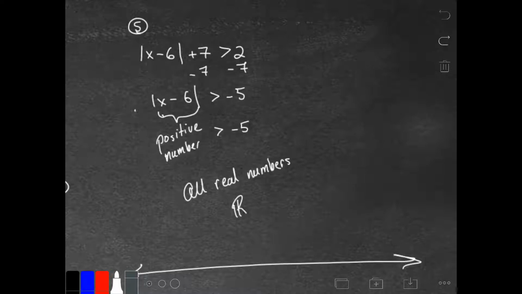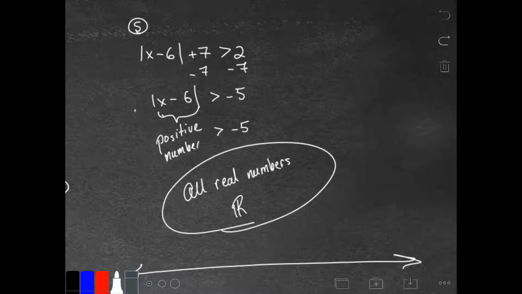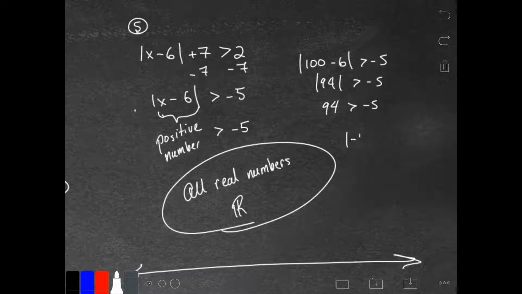Or we can write the symbol. And just to see what I'm talking about here, let's plug in 100. The absolute value of 100 minus 6 greater than negative 5. I'm going to have the absolute value of 94, and 94 is greater than negative 5. Let's plug in negative 100 minus 6.